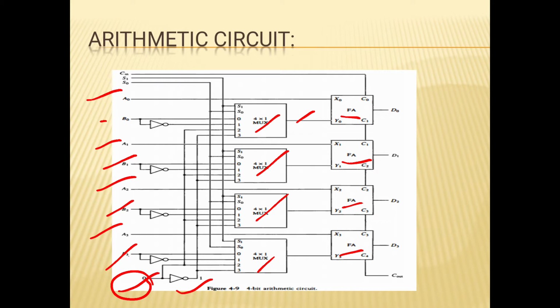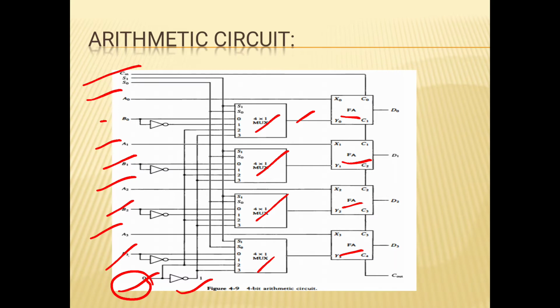It means the 4 inputs of the multiplexers, that is 0, 1, 2, 3, are connected with B, B complement, 0 and 1. And there are 2 select lines, that is S1 and S0, for the selection of the input to produce output.